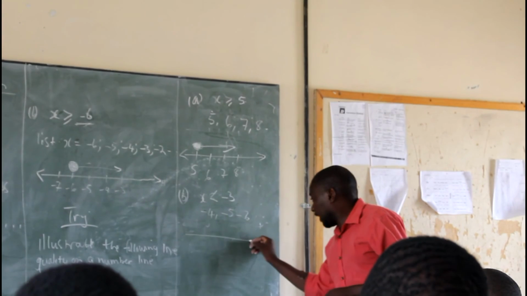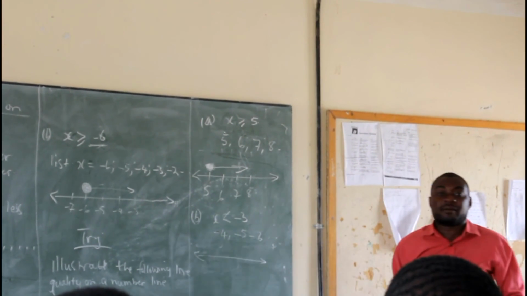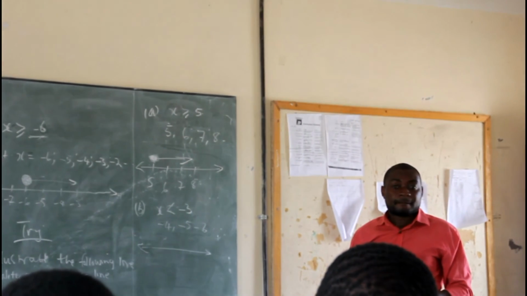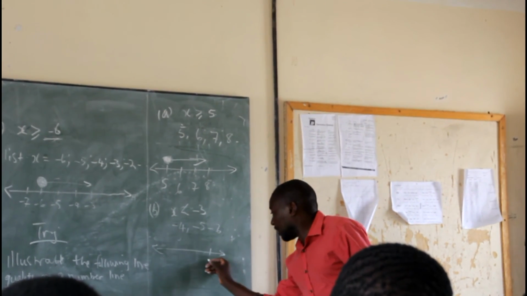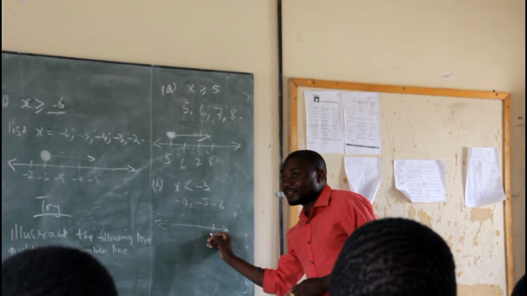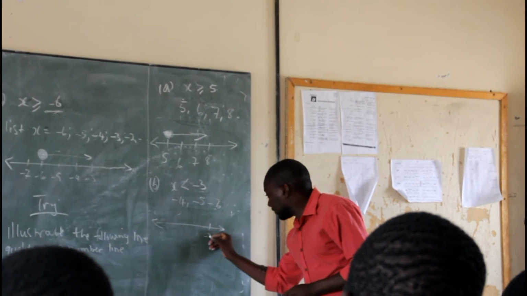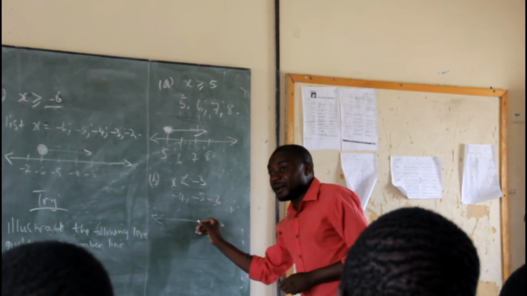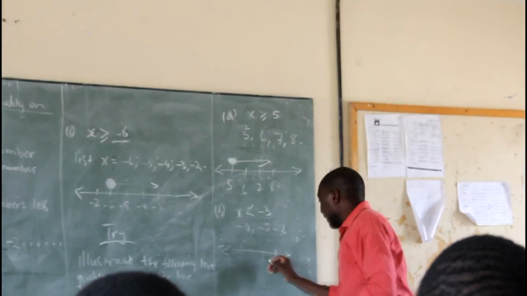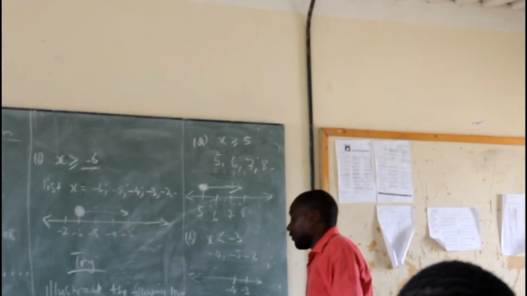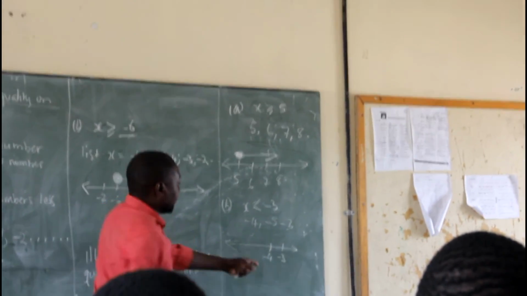Now on your number line, you are going which side? Where do I find negative numbers? Which side? Left side. Then it means here I might put what? You can start with negative 3, the one you are given. Now this one becomes negative 4, because when you are going you find the negatives following each other.